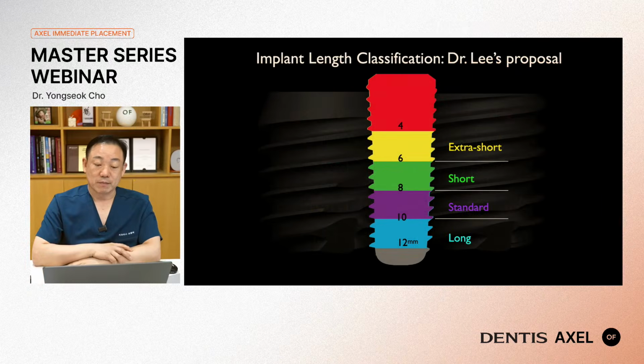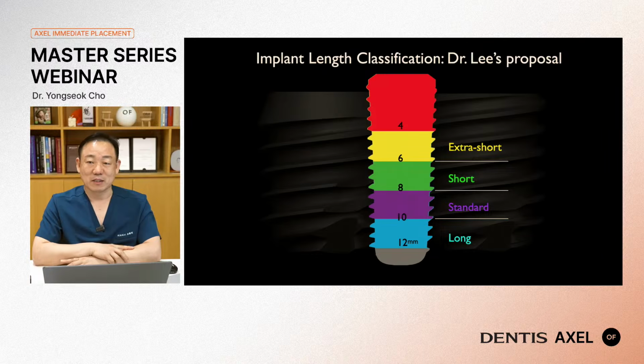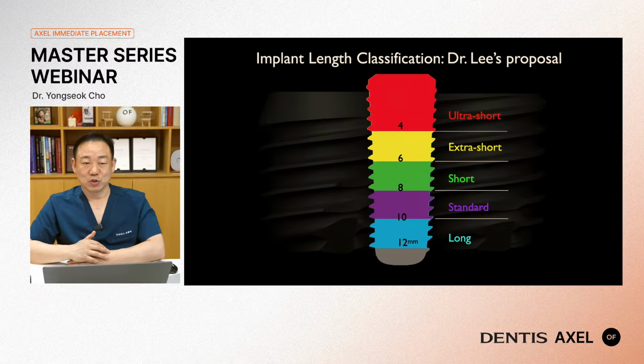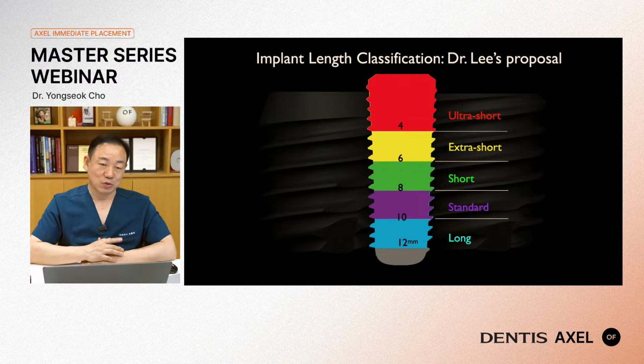This is the classification of implant length, proposed by Dr. Lee. Long implant means more than 10 millimeter, standard 8 to 10, short implant 6 to 8, and extra short is 4 to 6 millimeter. Until now, extra short implant is available; maybe in the future, ultra short implant, shorter than 4 mm, will be introduced, I think, and should be introduced.